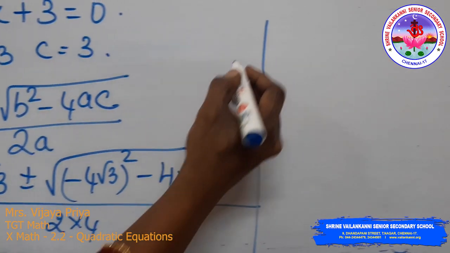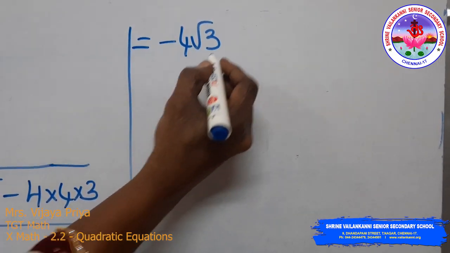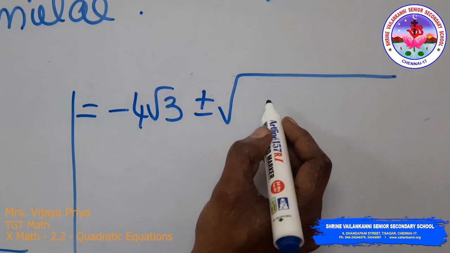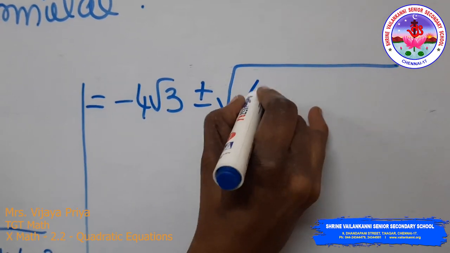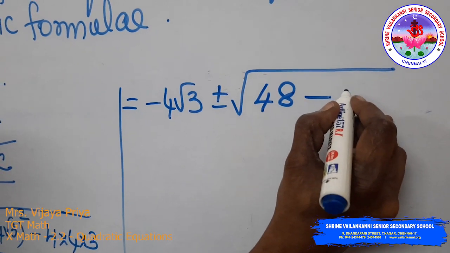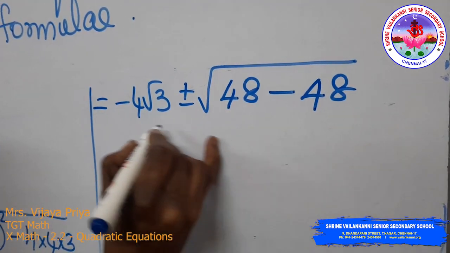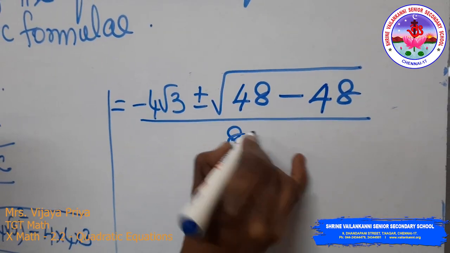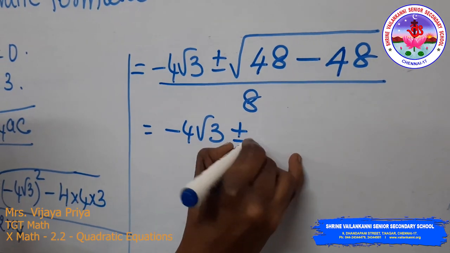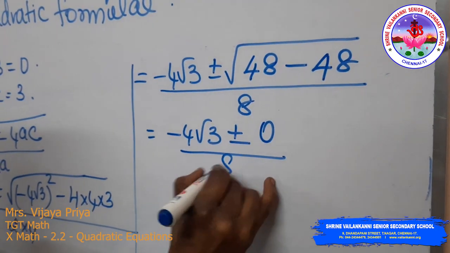Now if you simplify, you will get minus 4 root 3 plus or minus square root of minus 4 root 3 the whole square becomes 48, minus of 4 into 4 into 3, which is 16 3s are 48, so divided by 8. So you will get minus 4 root 3 plus or minus square root of 48 minus 48, which is 0, divided by 8.